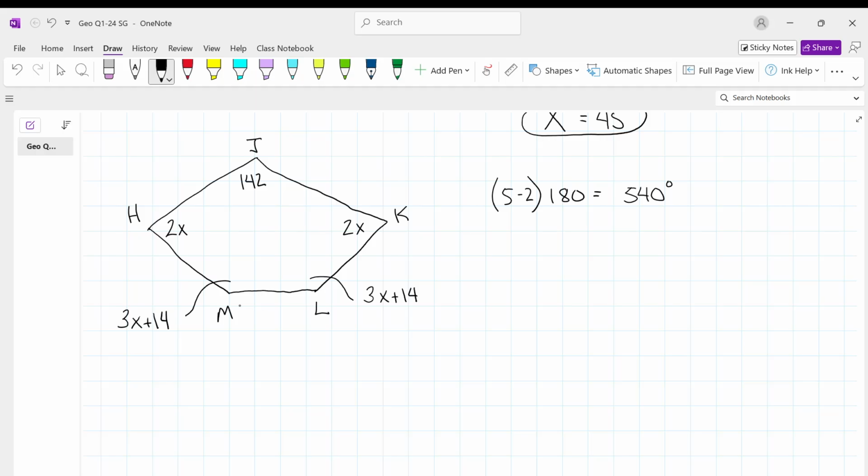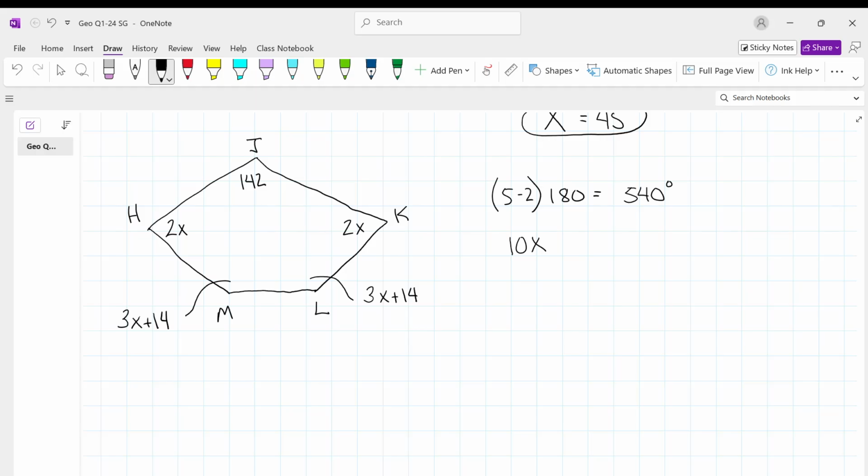So then we're going to take the given angles and we're going to write an equation. I'm going to just start here at angle H and go clockwise. Meaning I'm going to take 2x plus another 2x is 4x plus 3x is 7x plus another 3x is 10x.